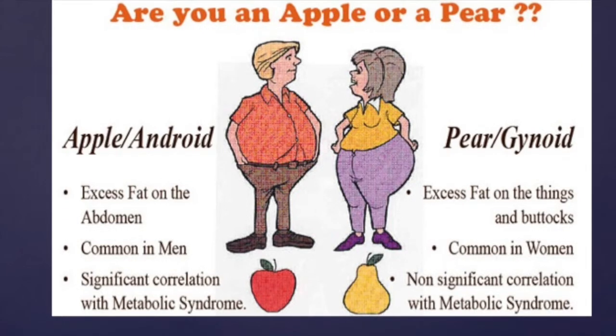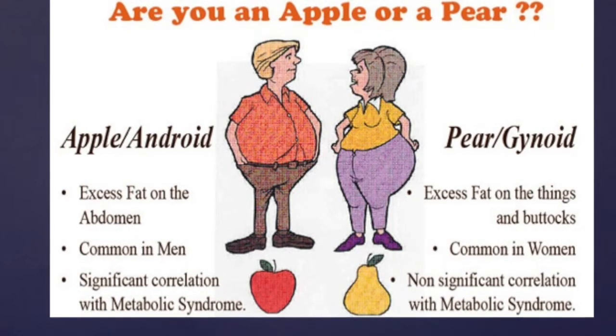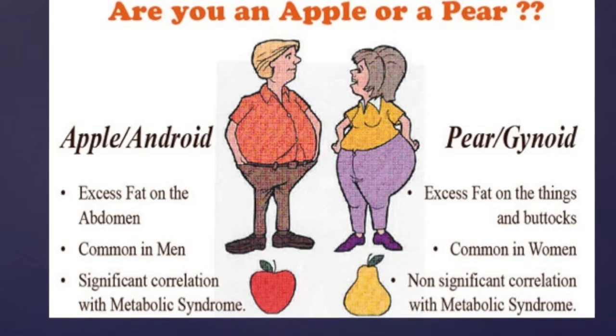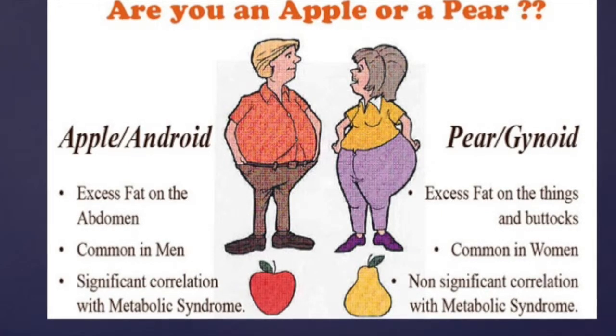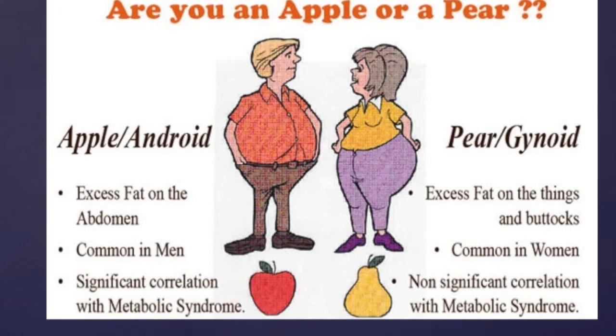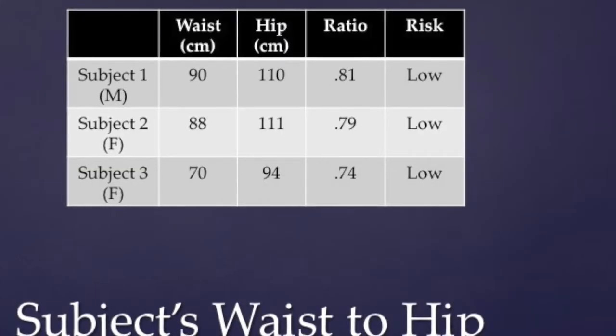It is recommended that both categories partake in 150 minutes per week of physical activity. Considering the fact that android apple-shaped individuals have more central obesity, it is essential that these individuals should reduce the fat around the heart. Here's a look at a few waist to hip ratios.